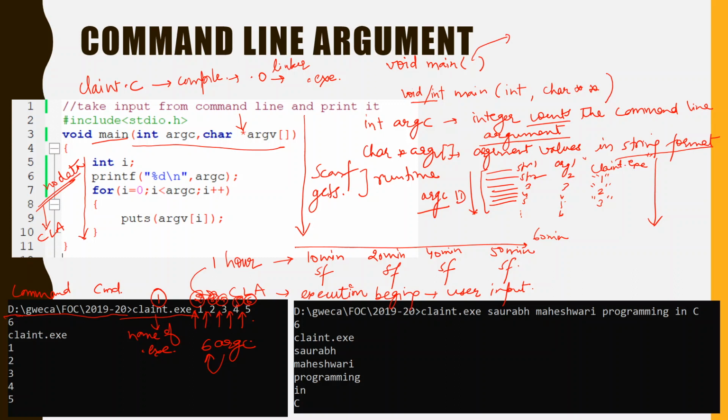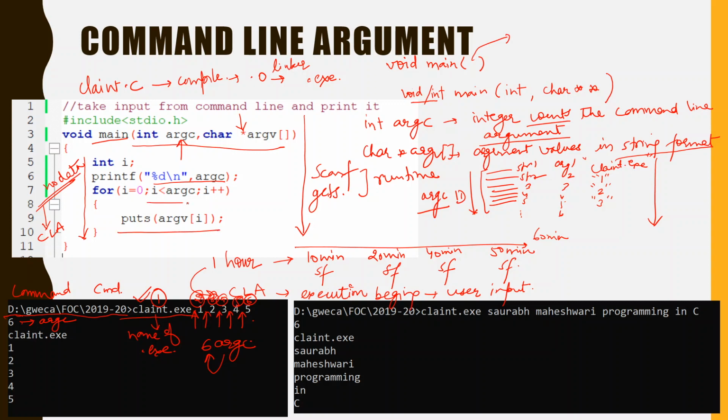Also remember that argc denotes the total number of arguments, and the name of the executable is itself the first argument. If we print this, we have printed argc, so 6 is printed, and we have printed argv one by one.